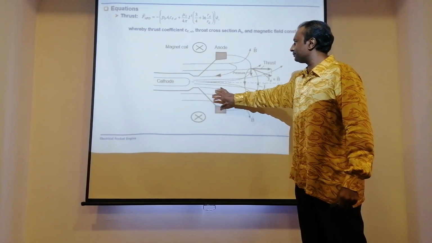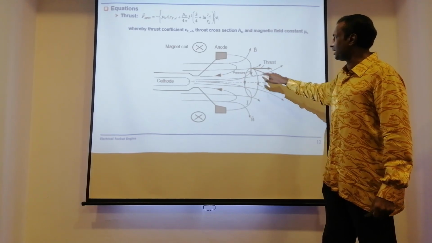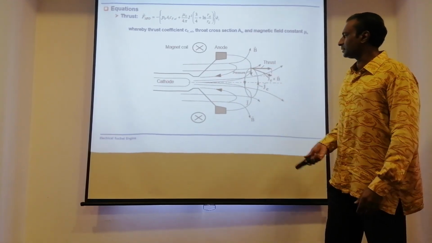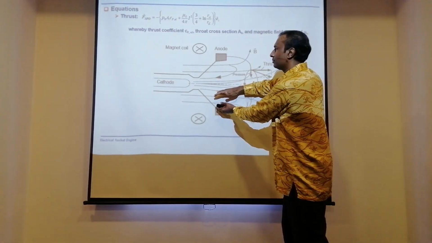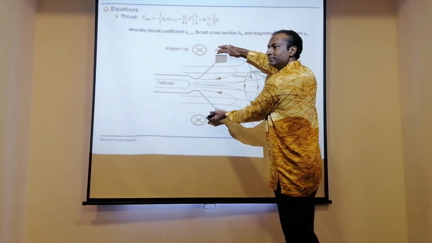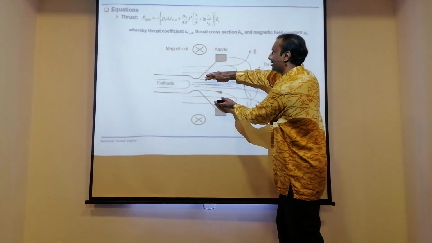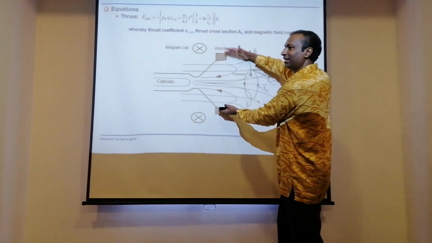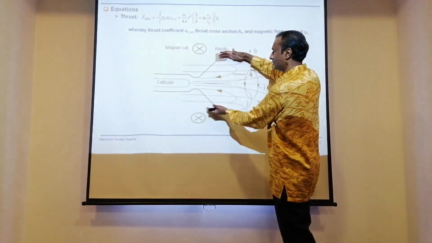Very, very important. If you don't have the B field, see J cross B, if you don't have the B field, all the ions will be actually what? They will be here at the anode. You understand? They will be attracted to the walls. They'll be stuck here. They won't flow because there is no force to flow. They will just keep stuck here.